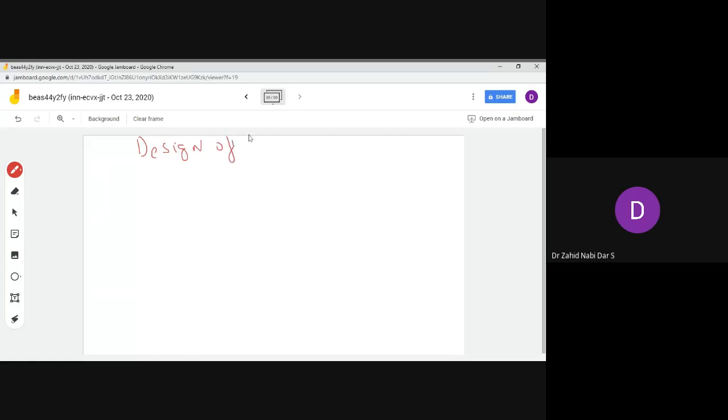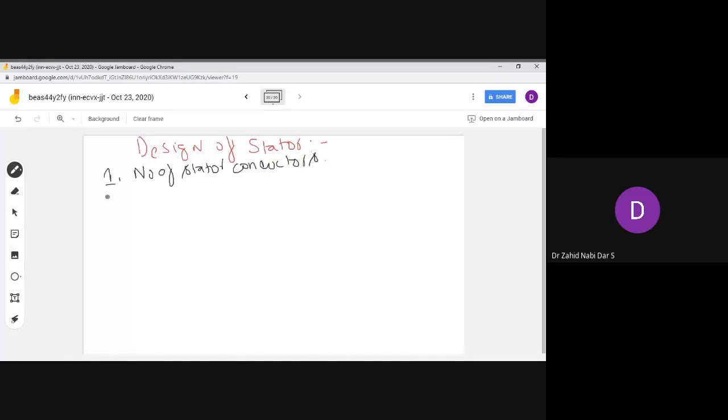As far as the stator is concerned, what are the properties we have to look at? In stator, the number one property is the number of stator conductors.